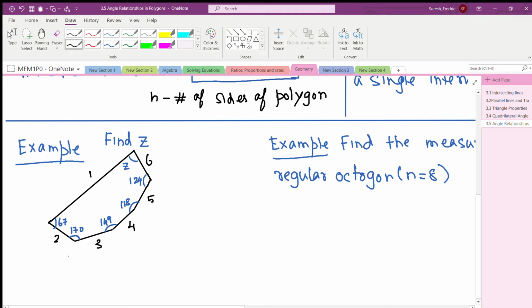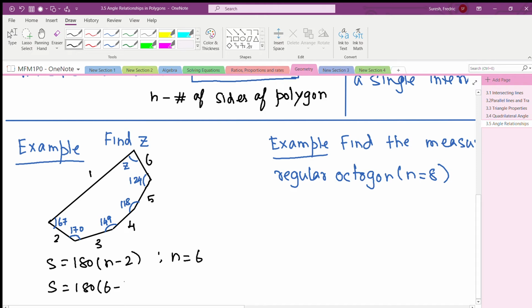To find the sum total of the angles here, we will use the formula 180 times n minus 2. And we know that n is 6 here. So the sum of angles is 180 times 6 minus 2, which is 180 times 4.